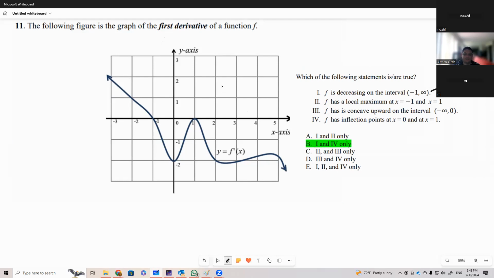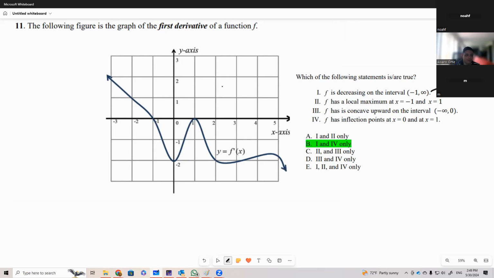Now, this is the first derivative. Notice the first derivative here is positive.